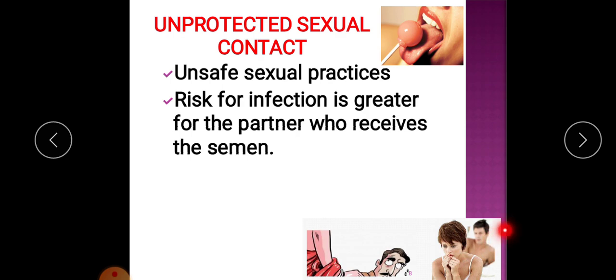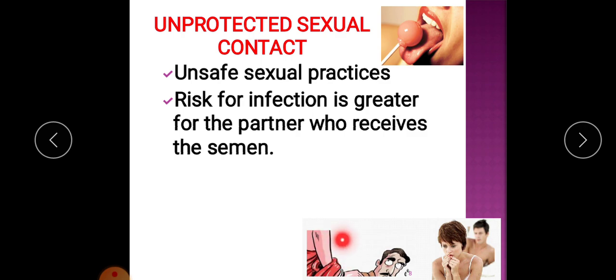So if the male has a wound on his penis and the female has HIV, then she could transmit the HIV to the male, and even in anal sex.